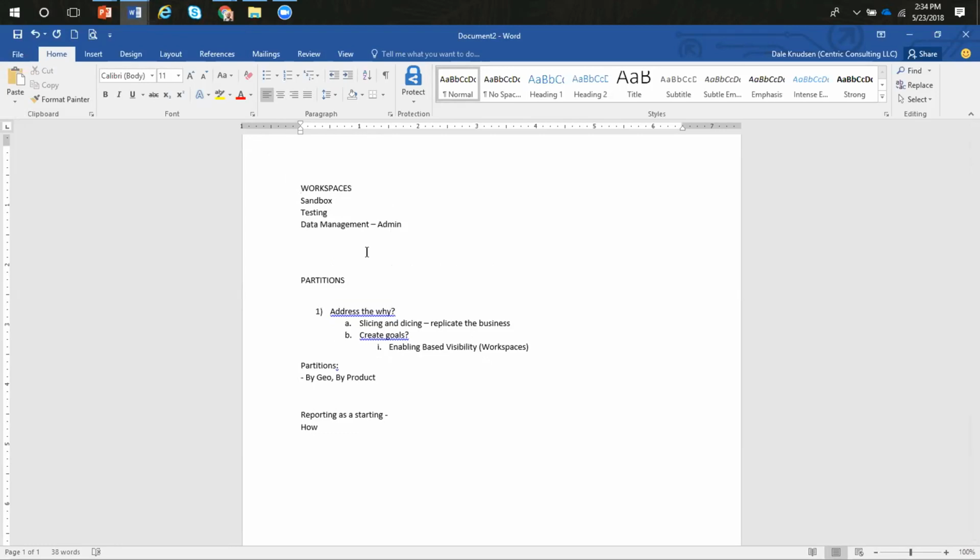That's the architecture of the instance. Then I would look at the types of workspaces that can be implemented. So if there's a data management workspace, for example, that all leads flow through initially before they go into the other segments, this is where reporting comes into play, because you can build out a single workspace just for reporting.